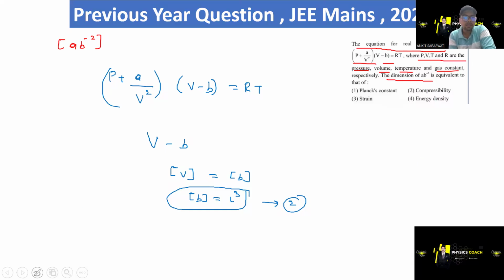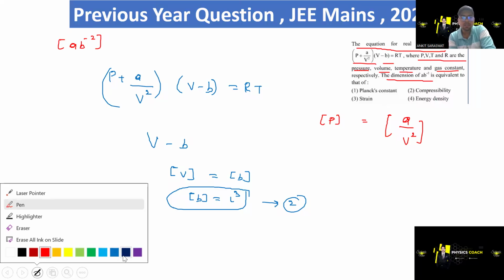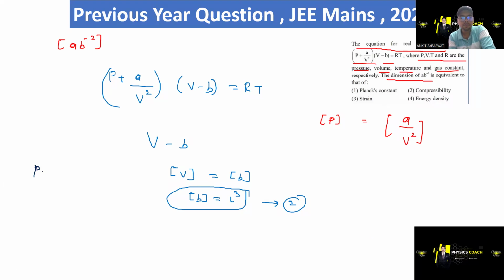Now look at P + a/V². Here also the dimension of P is the same as the dimension of the quantity a/V². The dimension of pressure is force by area, and force is mass into acceleration.